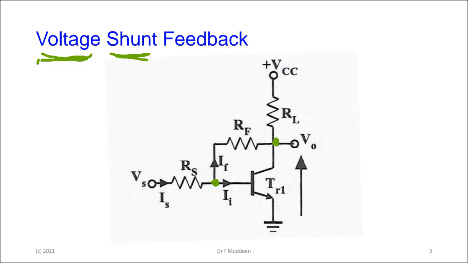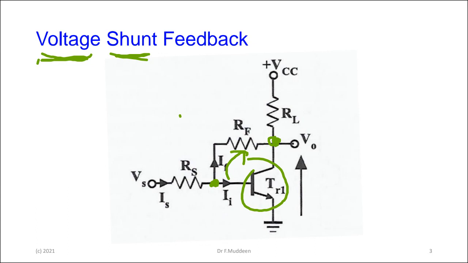The behavior of the NPN transistor in normal operation is an inverting process. But the voltage difference between VO and this point causes a feedback current to flow away from the base of TR1.